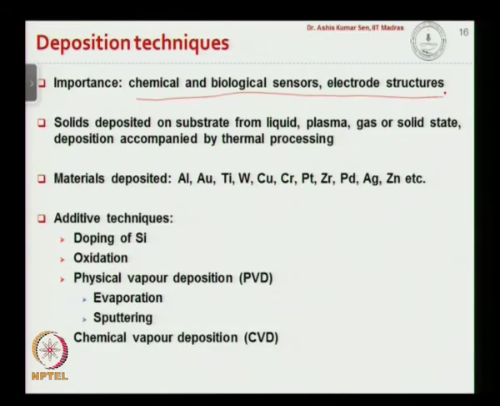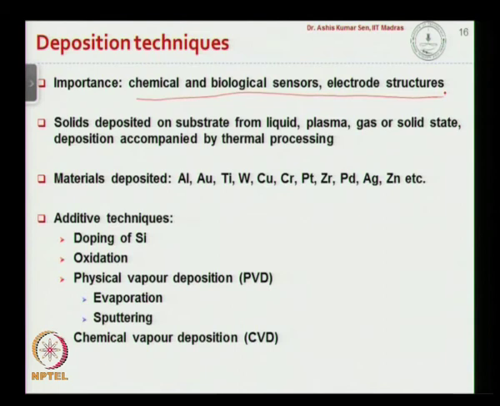Because we are talking about putting conducting materials on the surface of the wafer, using deposition techniques, for example evaporation or sputtering. This is required to enable electrical connection between the chip and the external world.